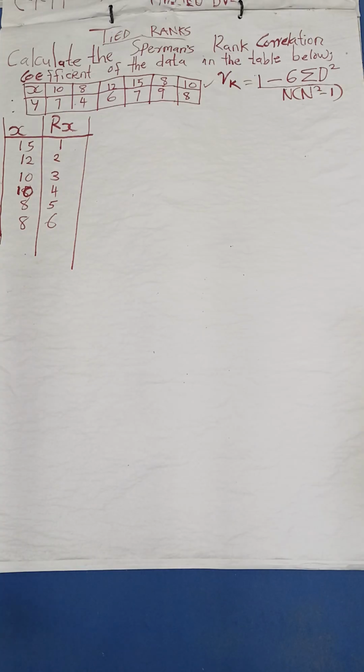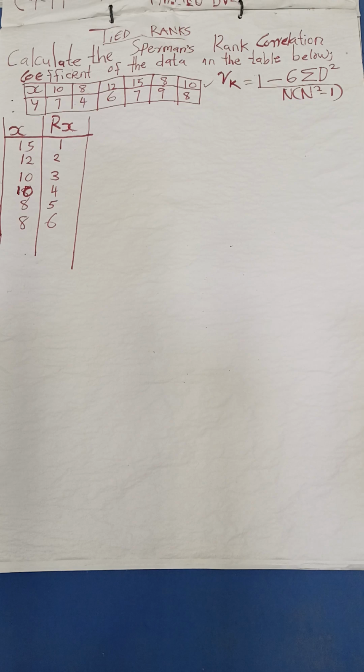This is what we call tied ranks. How will you treat them? For you to be fair to all students equally, as those doing business law know, the rule of law consists of equality, and you have to apply equality to all students.